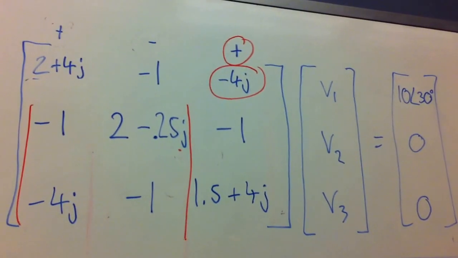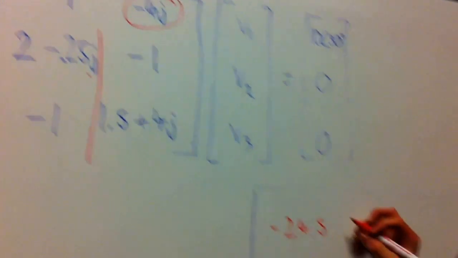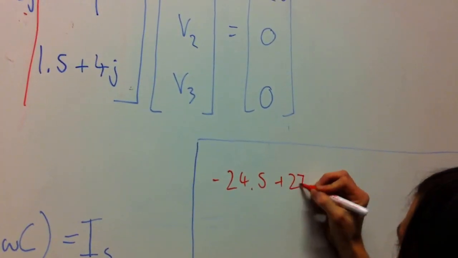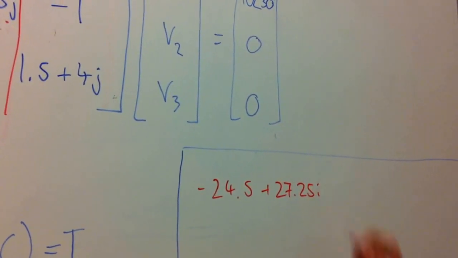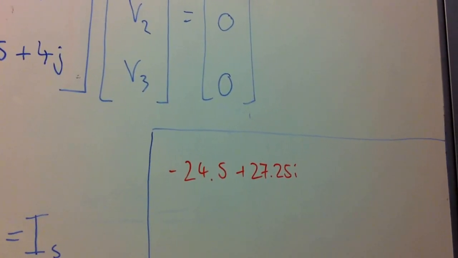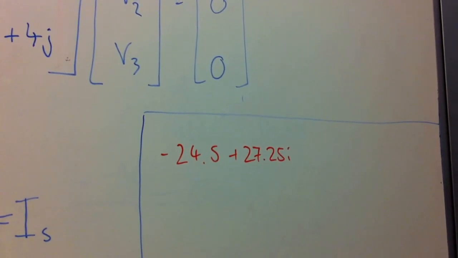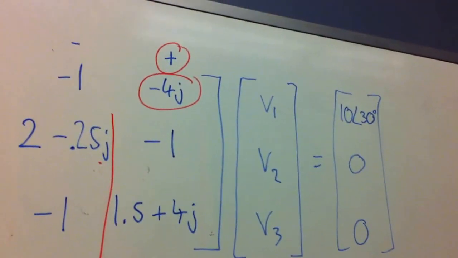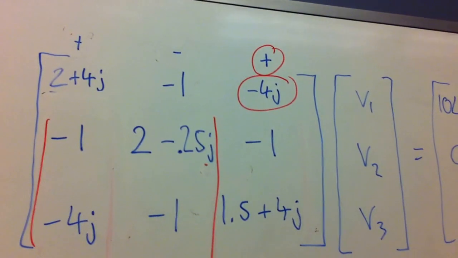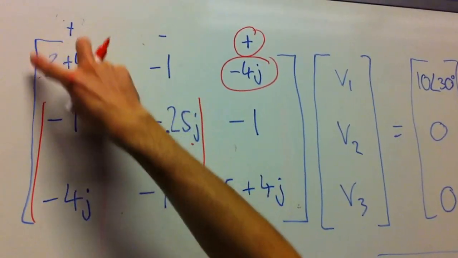The first determinant is negative 24.5 plus 27.25. And now if you've got a calculator that does complex numbers, you can do all this by just typing it into your calculator. Make sure you've got plenty of brackets in the appropriate places. And minus, so that's that middle section now. So this is the determinant or the value for this value here.